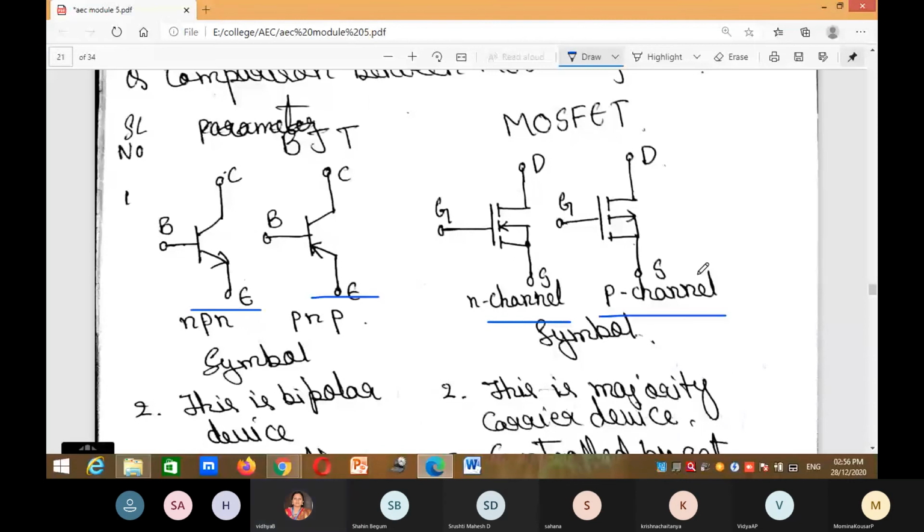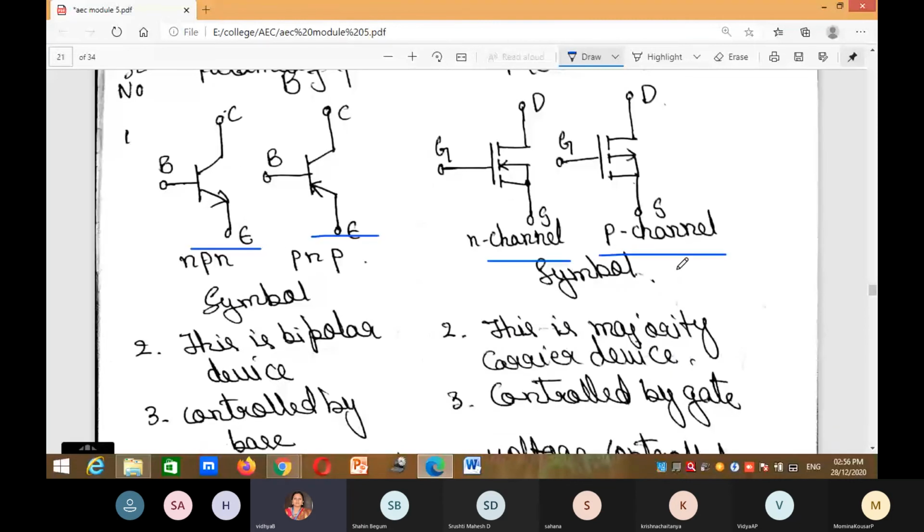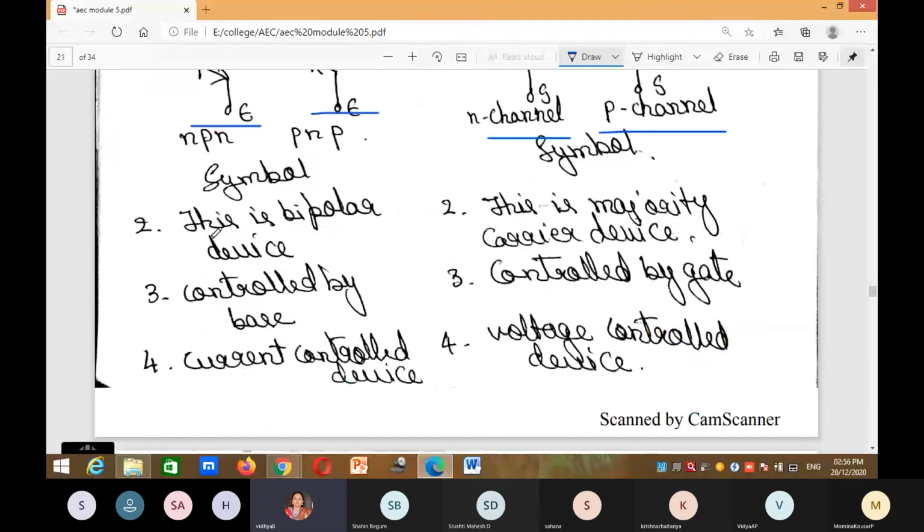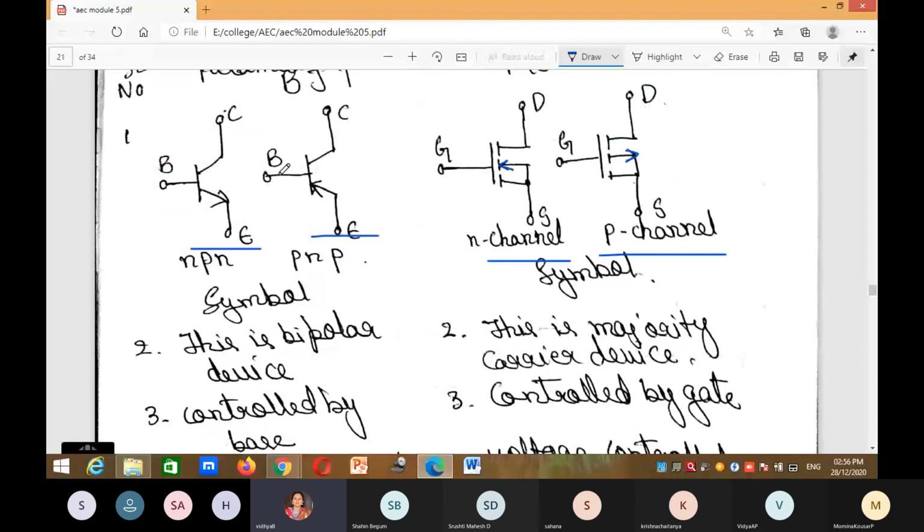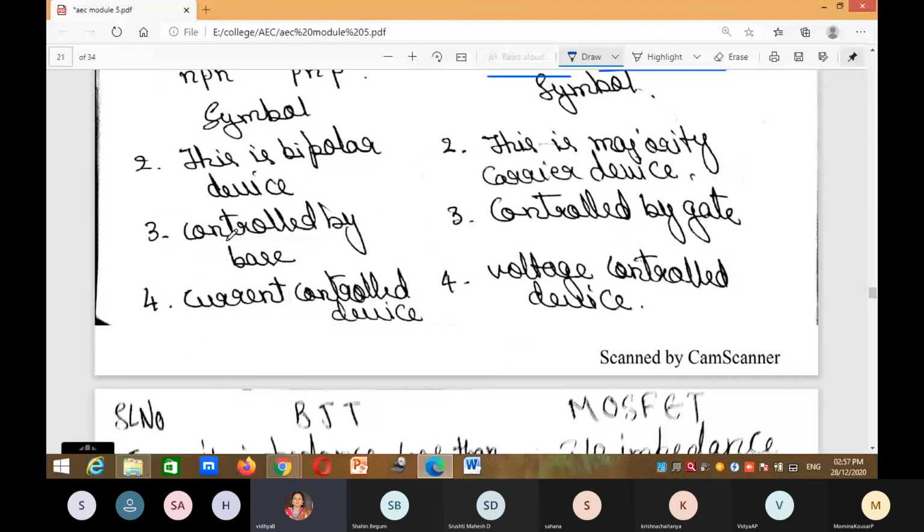You should observe the directions; it is not similar. Here it is flowing from emitter to base, here base to emitter. BJT is a bipolar device, and MOSFET is a majority carrier device. BJT is controlled by base and MOSFET is controlled by gate.